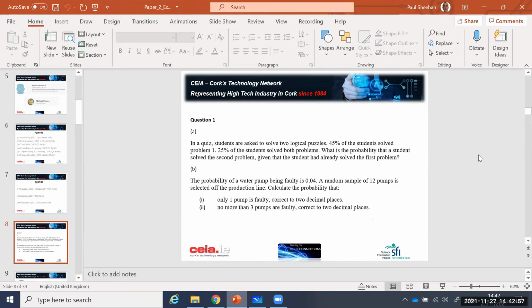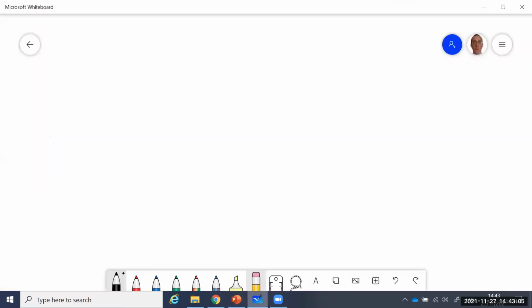So the method by which I want to present today is, I have a whiteboard here. All right, Eamon, can you let me know if you can see the whiteboard? I can see the whiteboard fine.